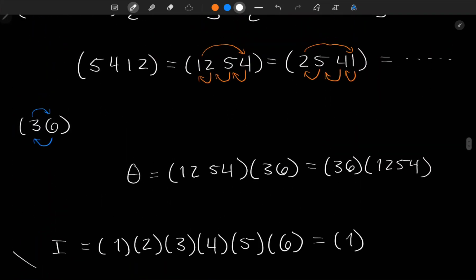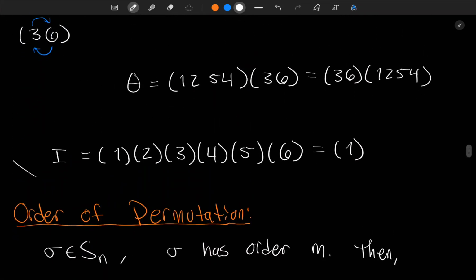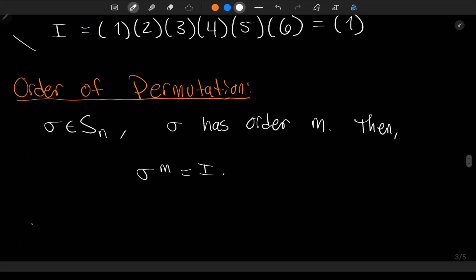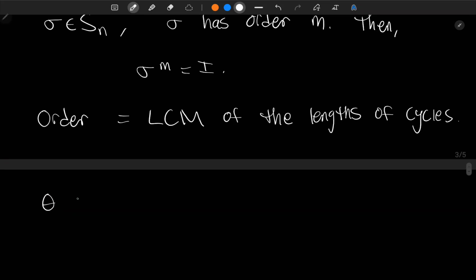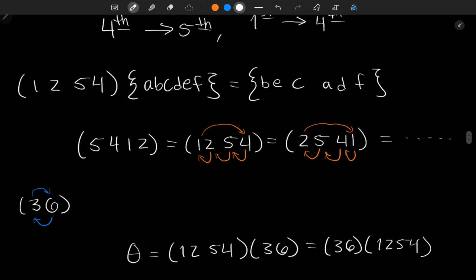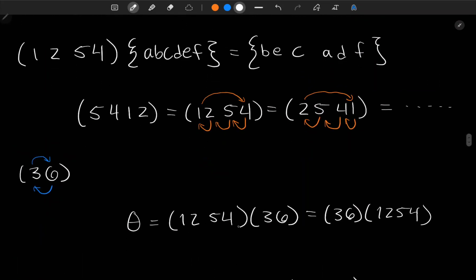So in cycle notation, the order is equal to the least common multiple, or the LCM, of the lengths of the cycles. So here for theta, theta has order 4. That's because we have one cycle of length 4 and one cycle of length 2, and the least common multiple of 2 and 4 is 4.